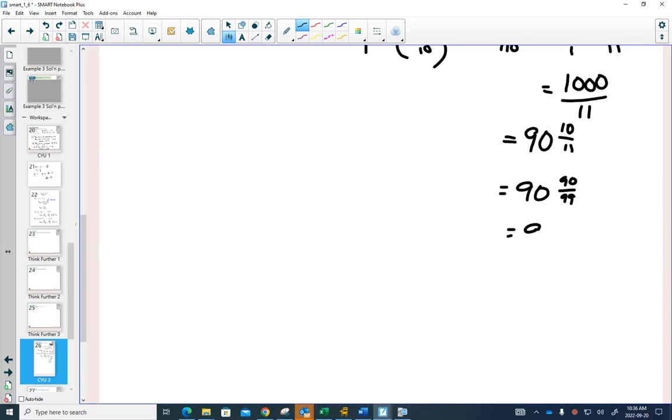So as a decimal, you would get 90.90 repeated. Of course, you could use your calculator to find that as well. But if you can find it with mental math, that's much nicer and cooler than having to use a calculator.